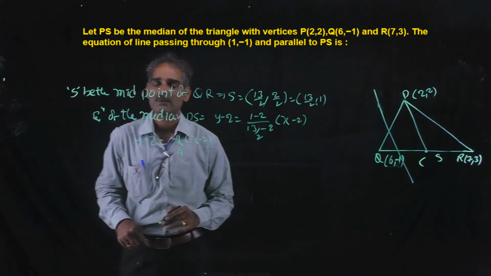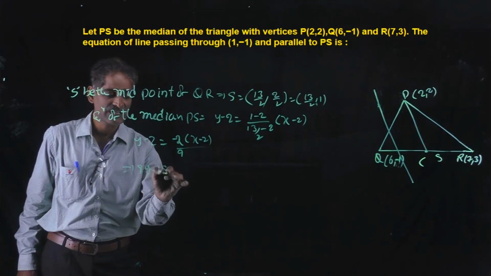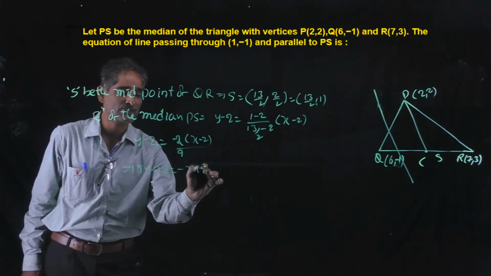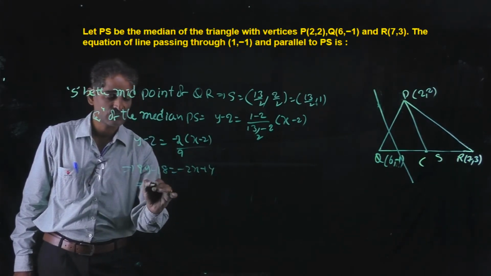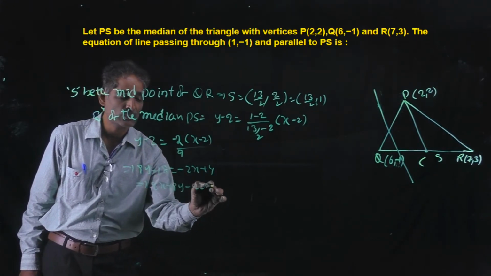So now from this, 9y minus 18 is equal to minus 2x plus 4. From this we can write 2x plus 9y minus 22 equal to 0.